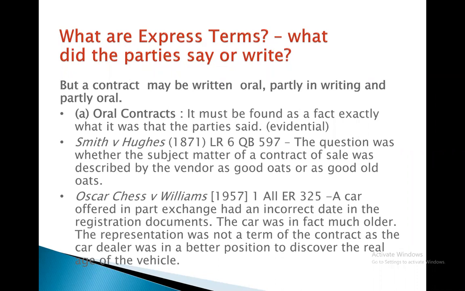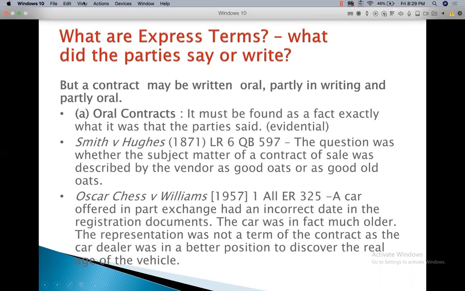In the course of our discussion of this topic, we will explore circumstances in which the court or the law would say that certain terms which the parties have not necessarily negotiated should still be regarded as forming part of the terms of the contract.